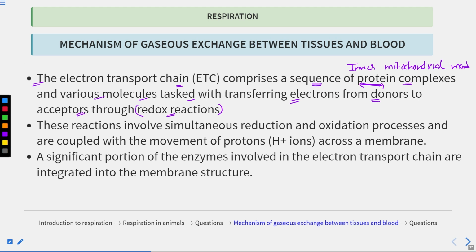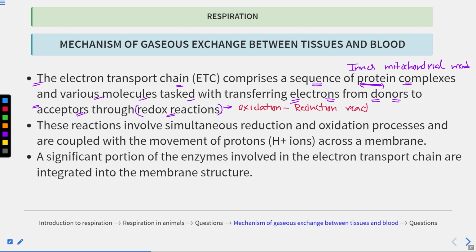It is a sequence of protein complexes as well as some molecules, and their role is to transfer electrons from the electron donor to the electron acceptor through redox reactions. What are redox reactions? They are also known as oxidation reduction reactions.